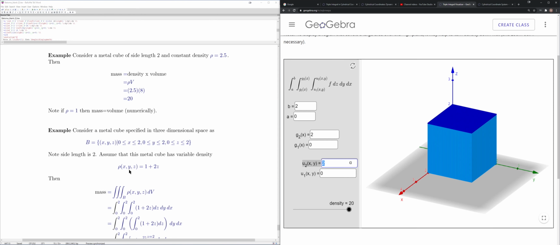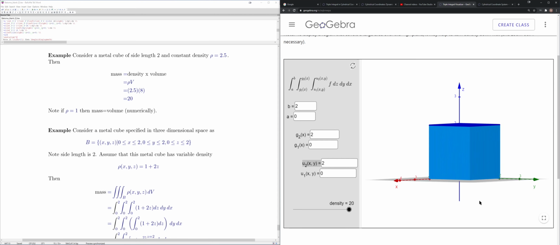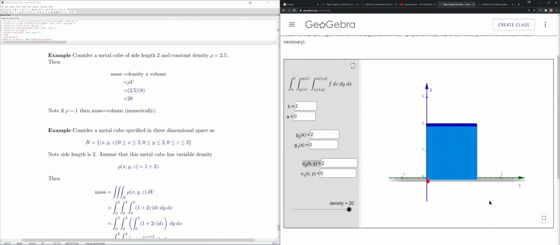So what this is saying is that the density of this cube here is going to change according to the z, right? So when z is equal to 0, you're going to have a density of 1. And when z is equal to 2, the height over here, the density is going to be 5.